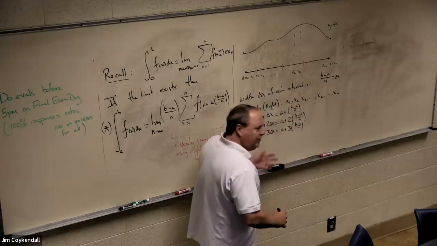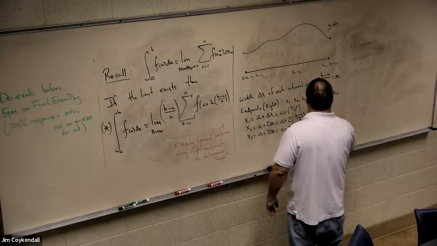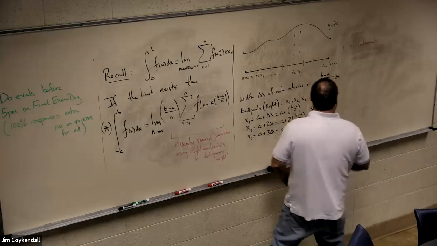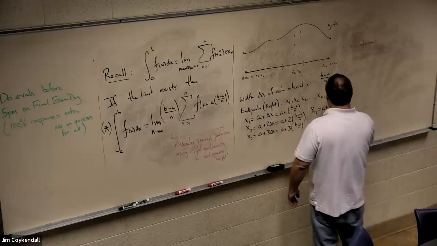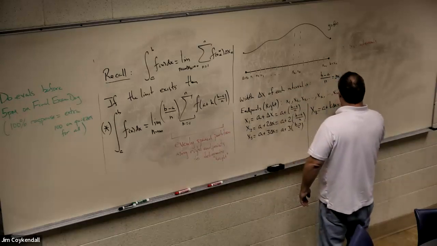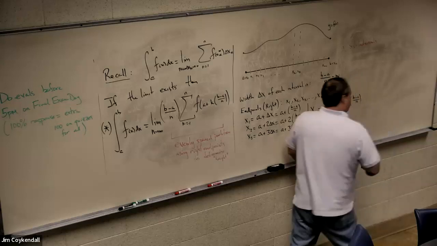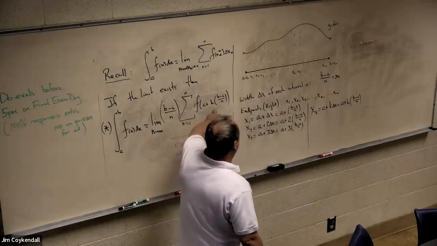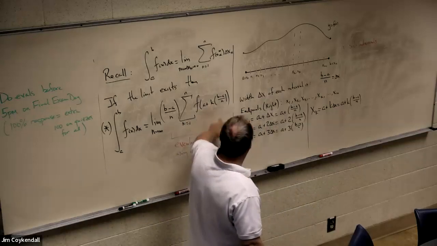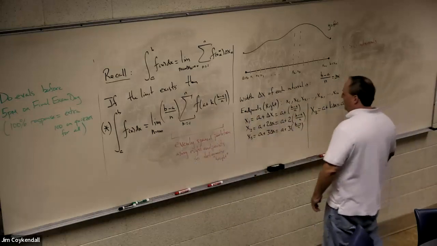Anybody see the pattern here? What should xk be? You move over k widths, exactly. Perfect. Oh, that's looking familiar. We'll be on a roll here.